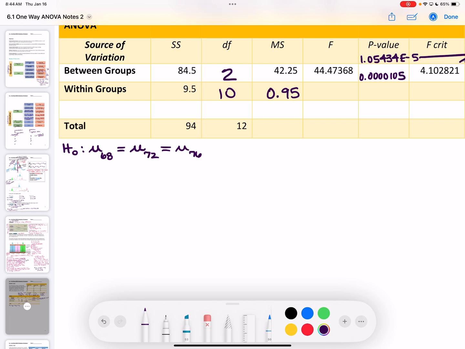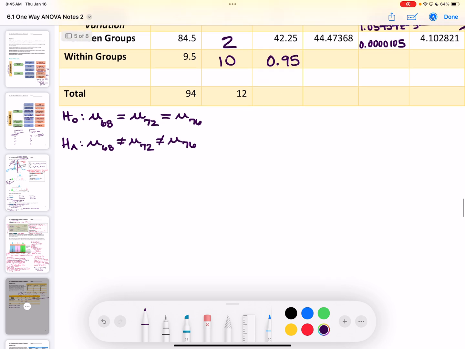Okay? And then the alternate is that at least one of them is different, but we're going to put that they are not equal. Okay? And I don't think they're equal, just from looking at those sample means. I don't think they're going to be equal. Okay? Then we have to check our conditions.